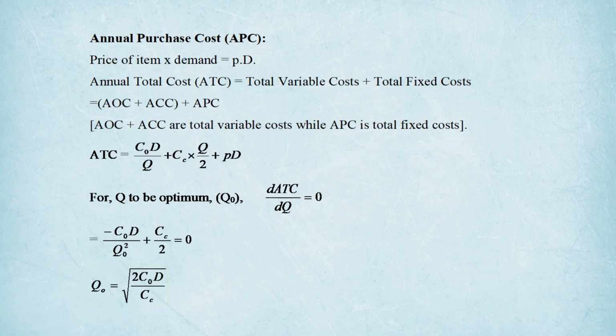Annual total cost is the total variable cost and total fixed cost. The annual total variable cost is broken into two elements, AOC, annual order cost, and annual carrying cost, plus APC, the fixed cost.